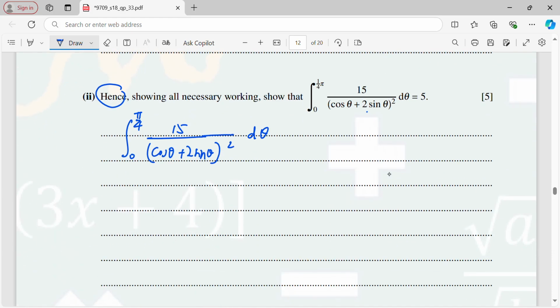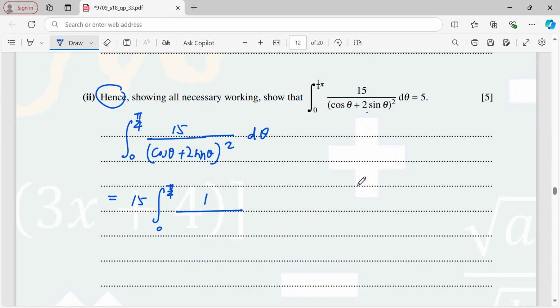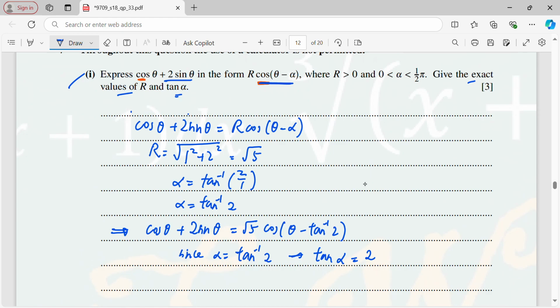So then I will change the denominator by using the previous form and factorize the numerator 15. So I factorize 15, then get 1 over, with limits 0 to pi over 4. So the square of (cos theta plus 2 sin theta), I will change to the square of this value. Okay, and then I will write my alpha first. So later the alpha will be replaced back.